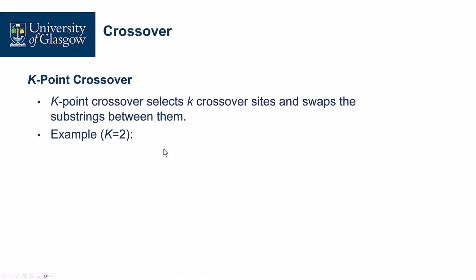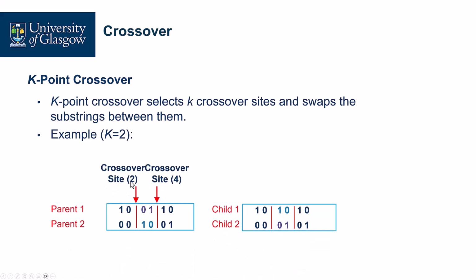So k equals 2 crossover sites. This time we randomly select 2, one is the second, one is the fourth. We put 2 bars here and here. We keep the front and the end, and we swap the middle. If you want to keep the middle and swap the front and the end, that's also okay. So this is the procedure of crossover.